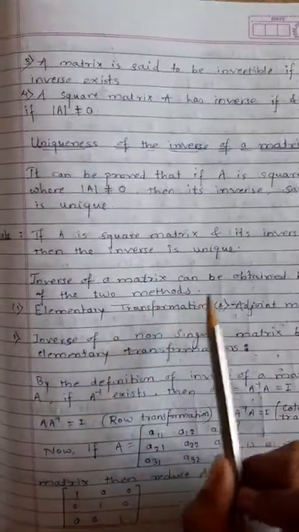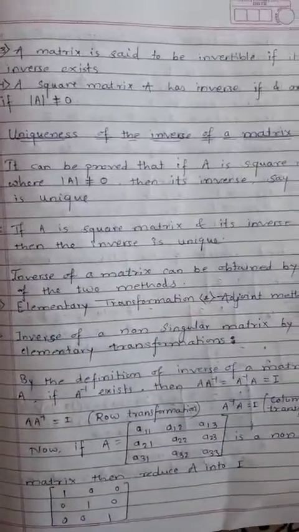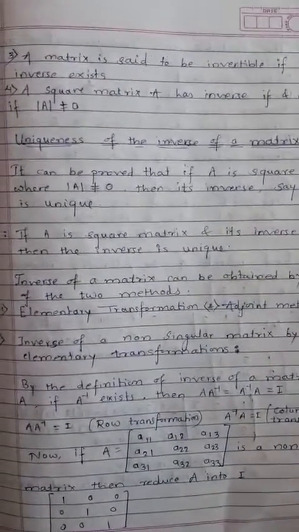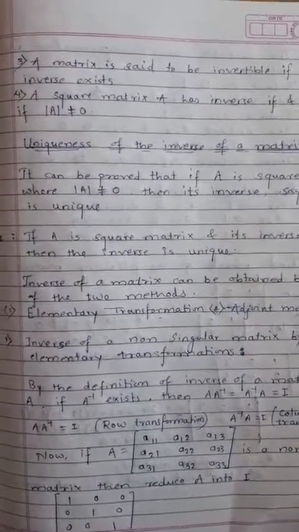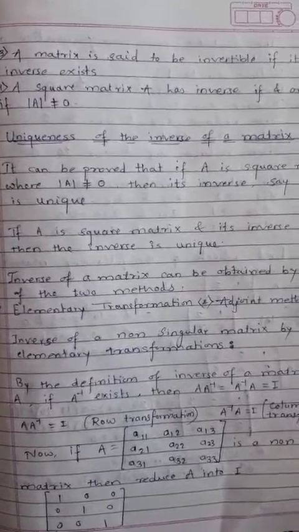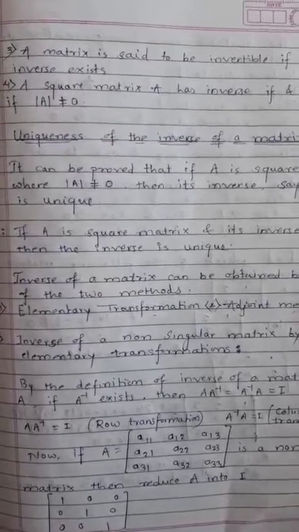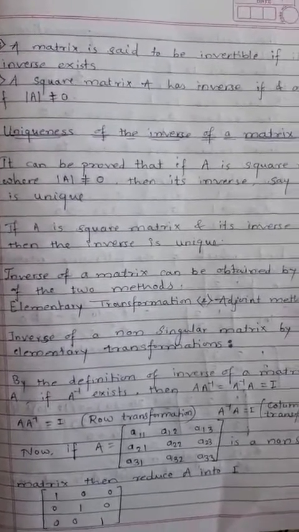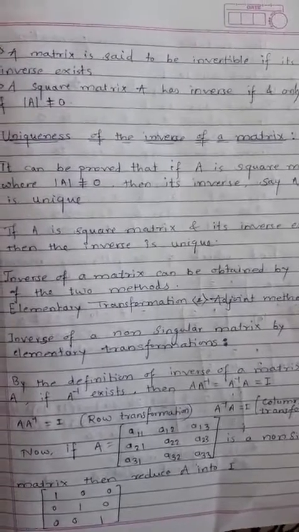So first we will see elementary transformation in detail. After that we are going to see the adjoint method. From now, for a few days, we are just going to focus on the elementary transformation method only, not on the adjoint method.